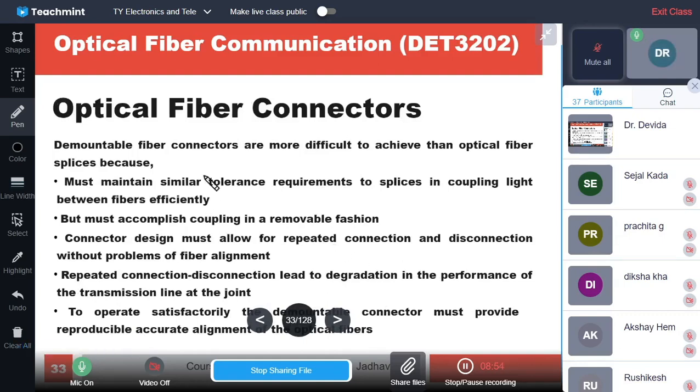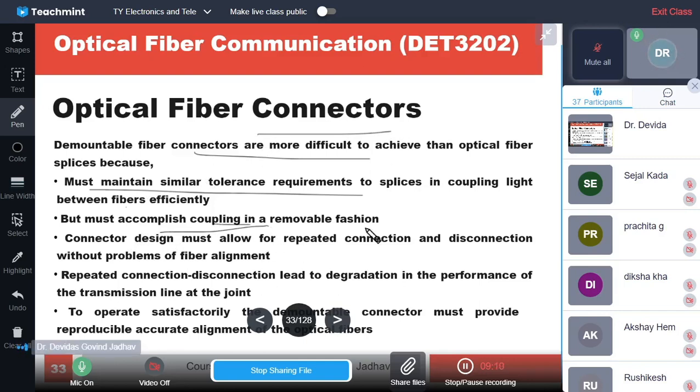Demountable fibers are difficult because they have to maintain the same tolerance of the splicing, and at the same time these connectors are removable.